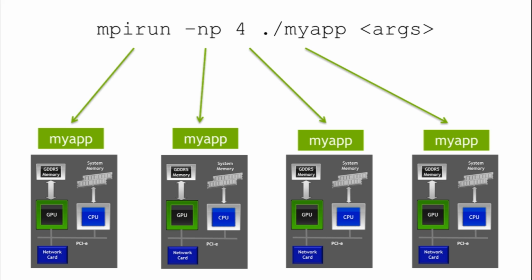So on this screen, you see an application called My App, and you can think of My App as doing anything from saying hello world to doing something complex like computing a molecular dynamics simulation. With mpirun, you specify the number of cores with -np, a flag to specify the number of cores. The number of cores are the number of processors on the CPU. In this case, we do 4.